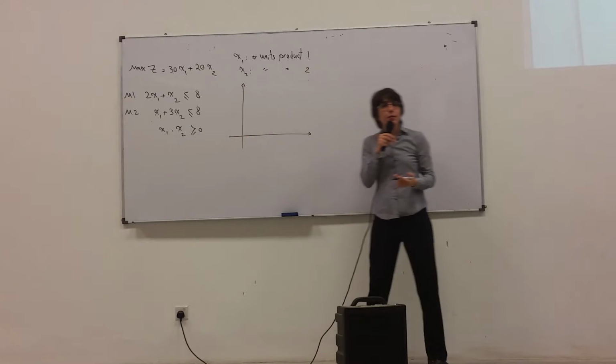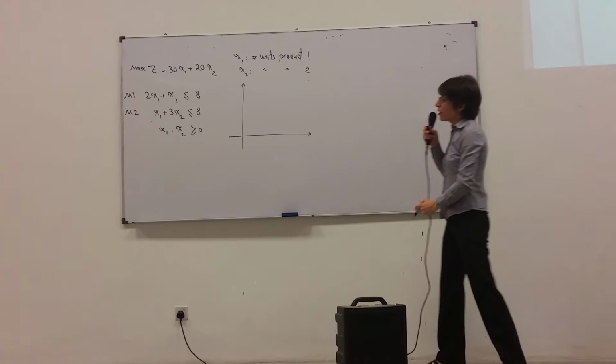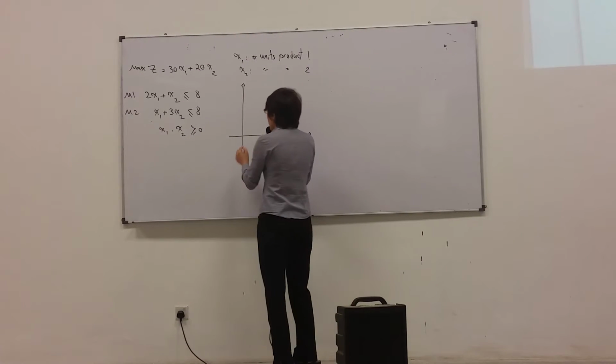So by using the graphical method, you sketch the line 2x1 plus x2 equal to 8.